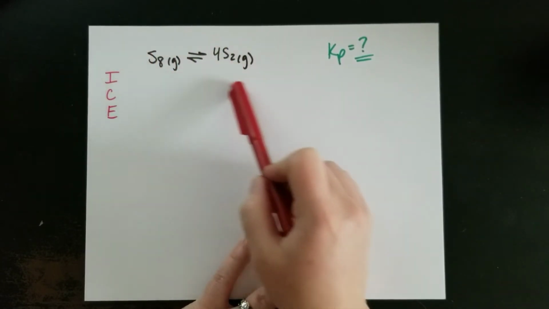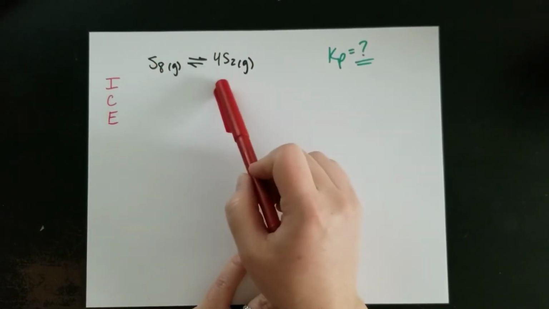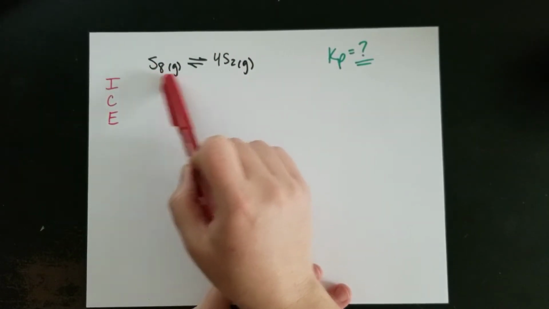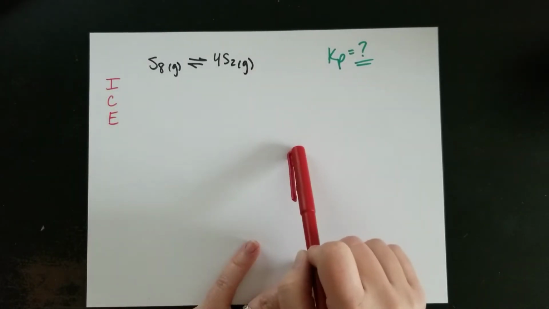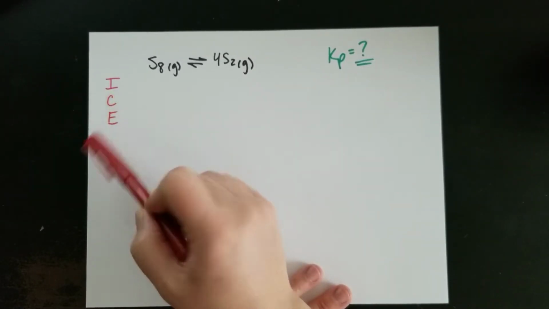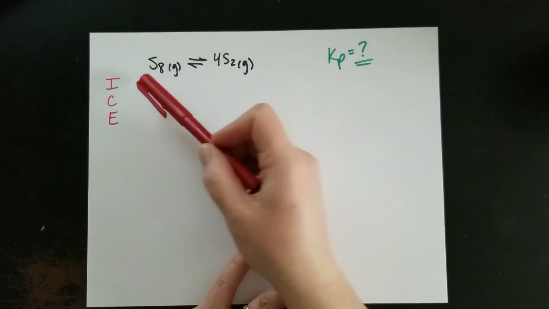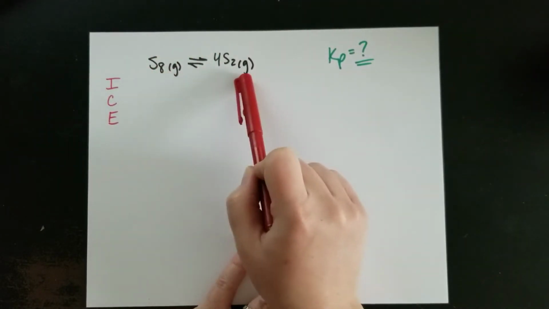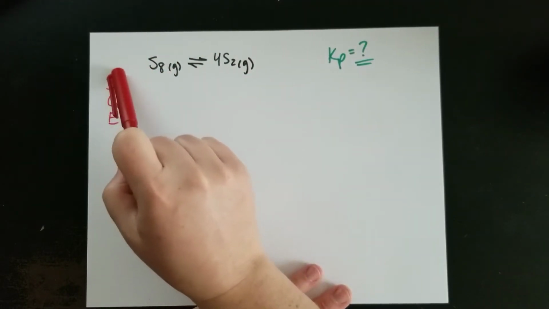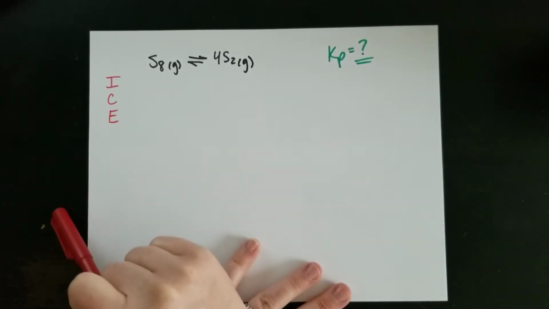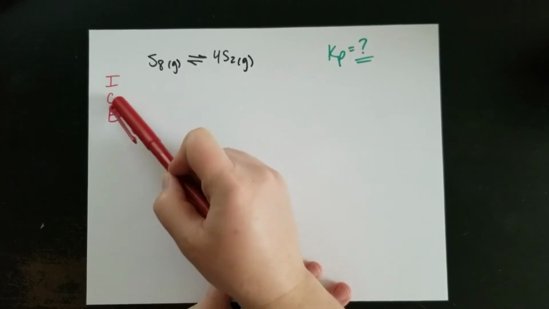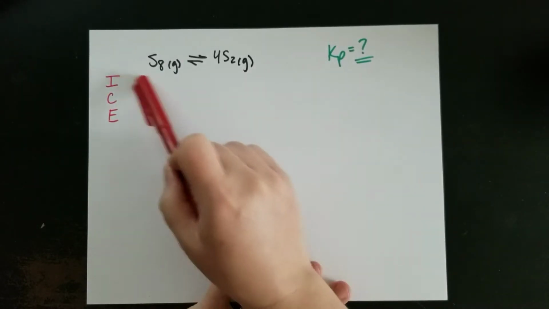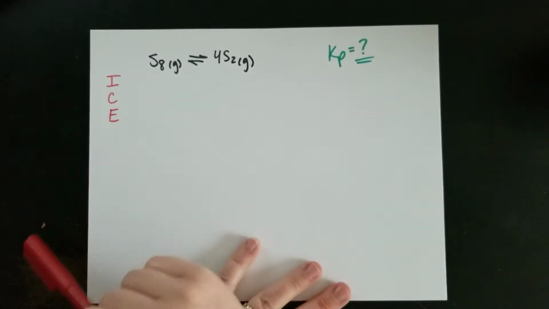And often when you're given a reaction on a problem, like on a worksheet, if there's nothing below the reaction, a lot of times I'll just put ice right below it and start filling out this table. But the term rice comes from the fact that the table always starts with the reaction. So you could put an R at the top here to help you remind yourself of that if you find that necessary. For me, I know that I'm going to be filling out these I, C, and E rows with some values, and so I just like to mark those.